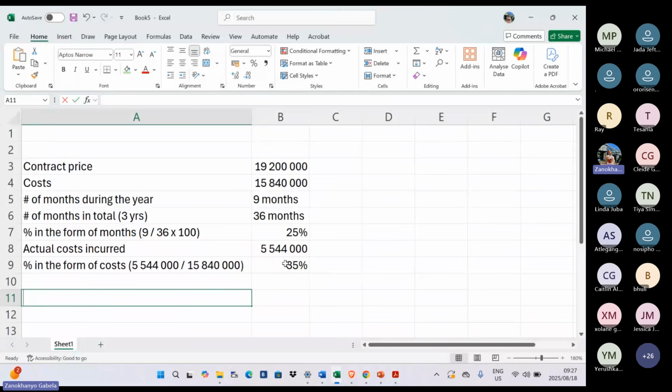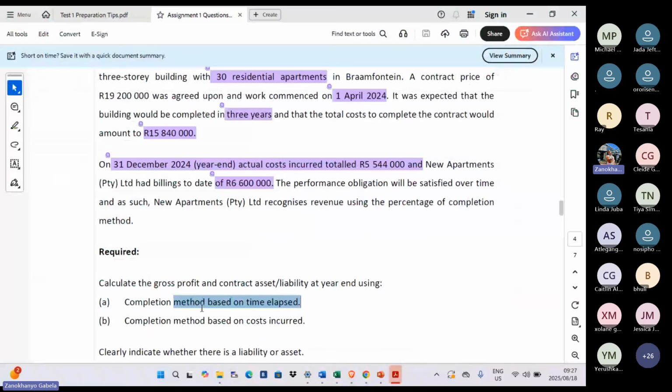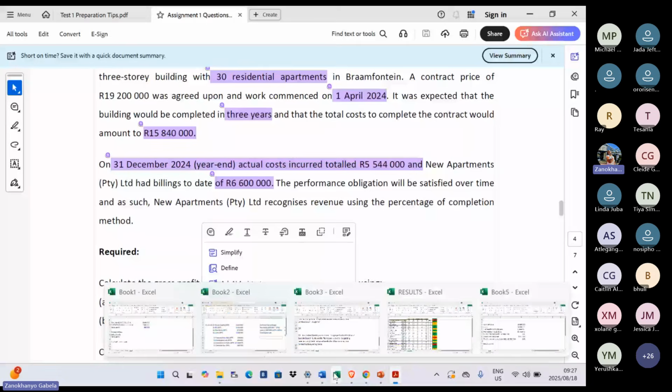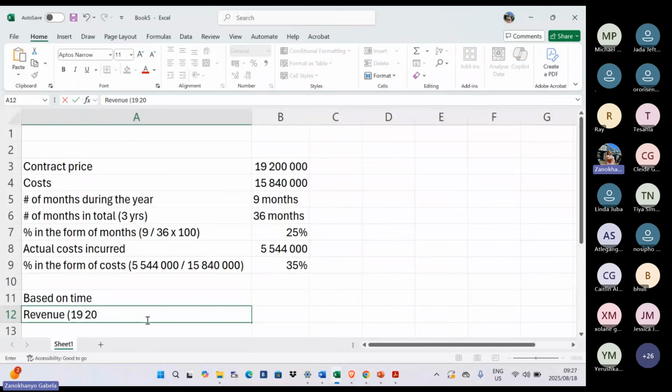Right, now let's get to the fun part. So let's say it's based on time. They said recognize the revenue. If it's based on time, let's go and check. Yes, so the completion method based on time. Perfect. It's easy stuff. Now we're looking for our revenue. There you are. We were told the contract price is 19,200,000. And then what do we do with it?